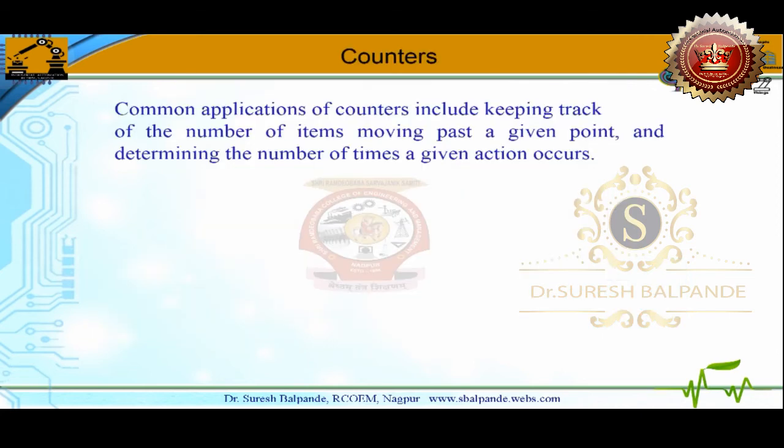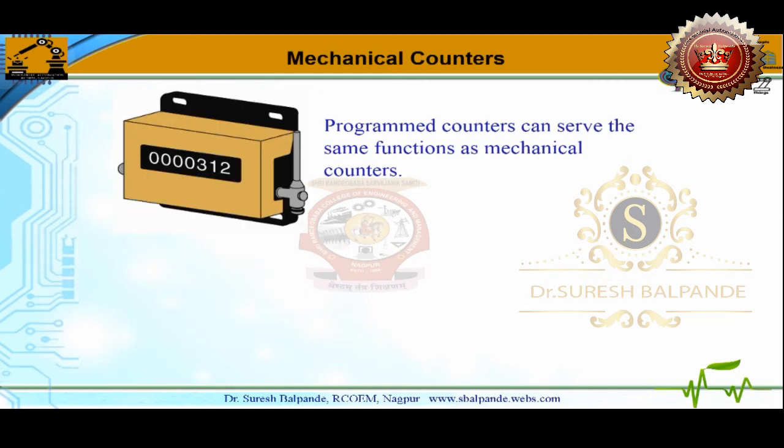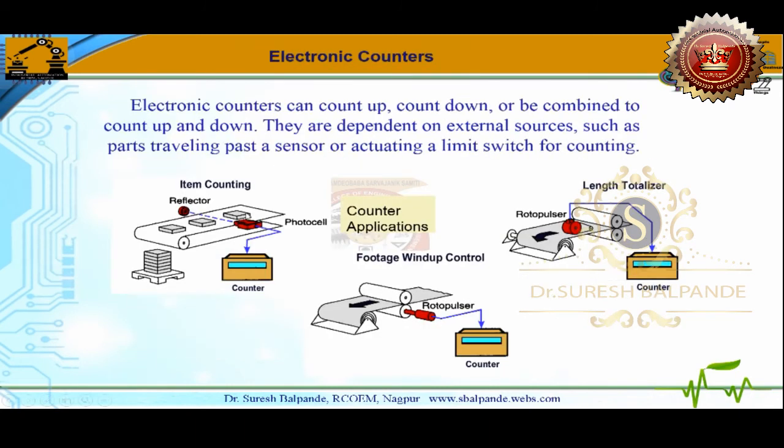The pulses are generated by some event. There is some interruption in the signal, and that is why pulses are generated, and those pulses we need to count. These objects will interrupt this light, so this photocell will understand that there is one box or one product available there, and then it will count that as a 1.